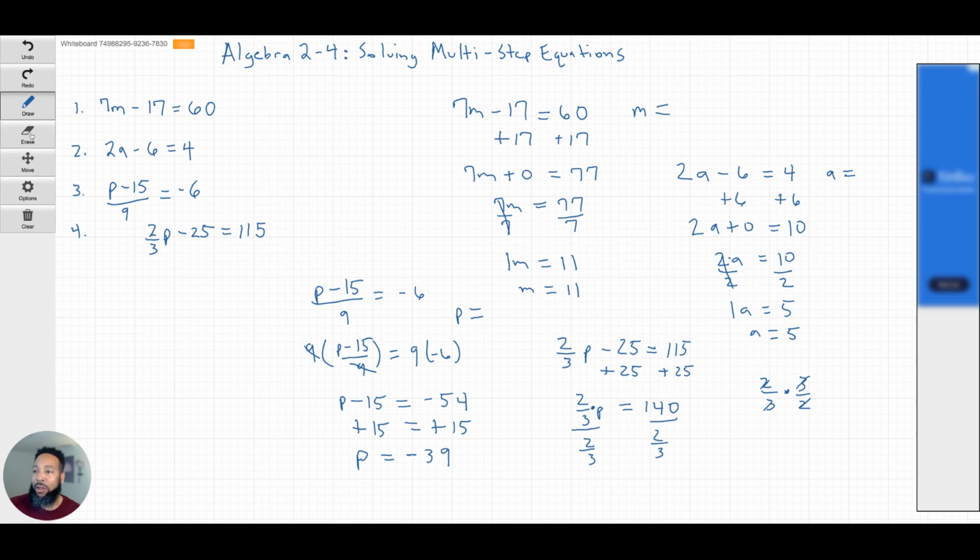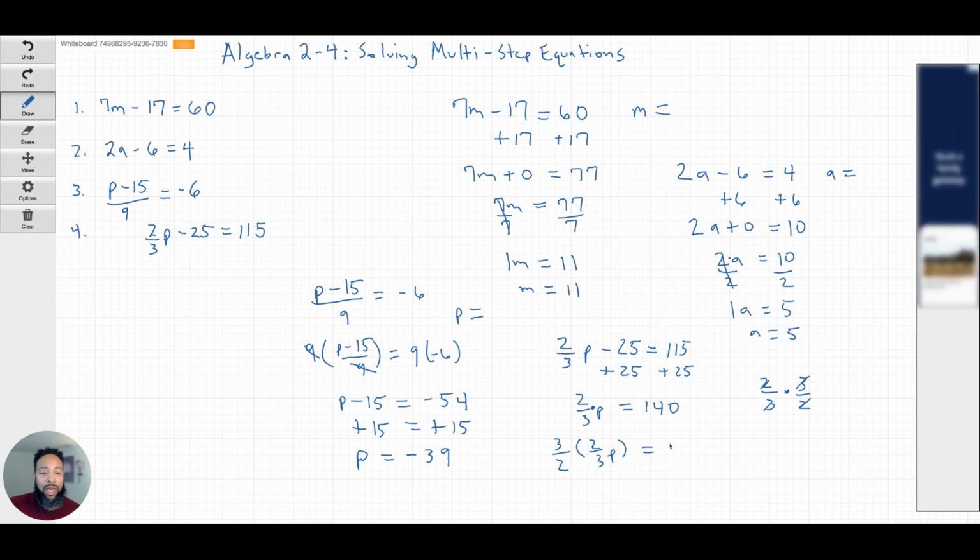So I'll take my little eraser here. Hope this makes sense. The equivalent of dividing both sides by 2/3 is just multiplying by the reciprocal. So we'll take the reciprocal of 2/3, which is 3/2, and then multiply that by 2/3 p.